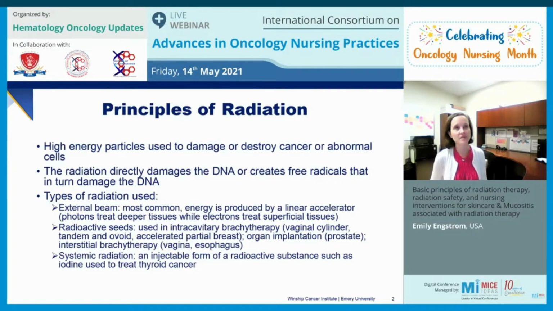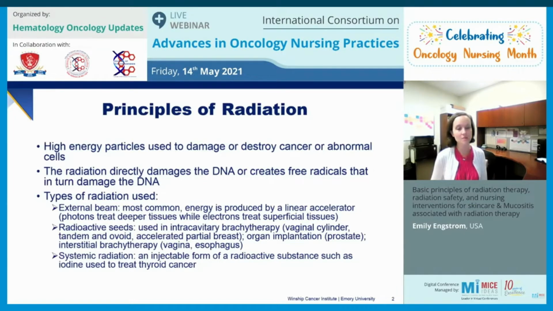And when this damage occurs, those abnormal cells will then die. They're not able to repair and rebuild. Our normal healthy cells have normal DNA and it's able to repair and rebuild. So there's a lot that we do, and we'll talk a little bit about that to help that process take place.